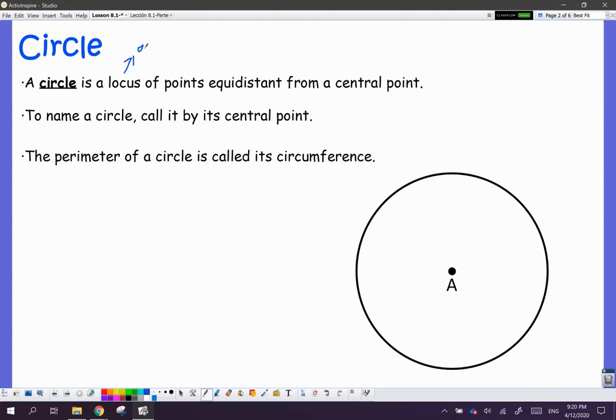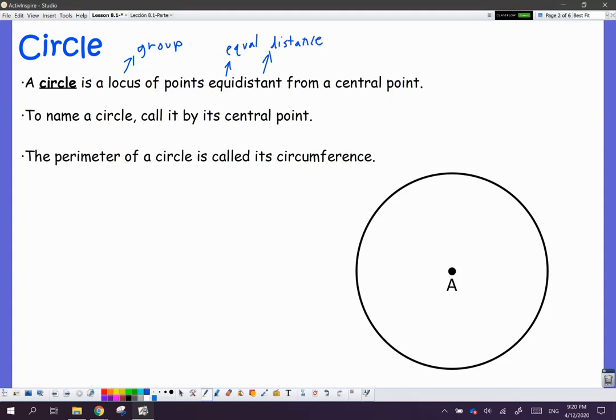Locus means group. So I have a group of points. Equidistant, we've seen the word equi before. We know that this part means equal, and distant means distance, right?